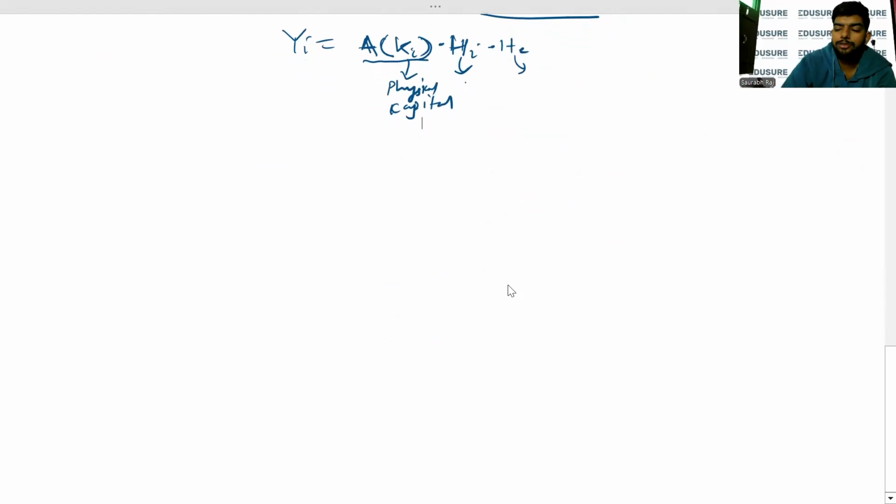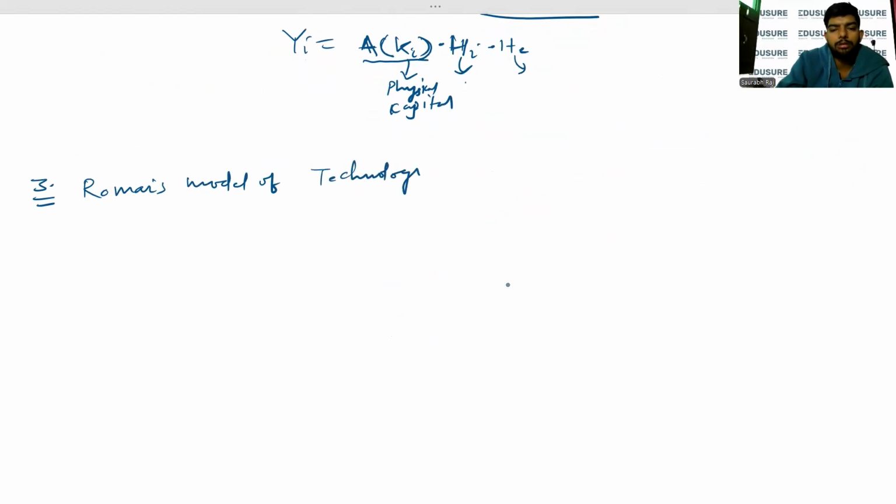Then we will see the last one, that is Romer's. Again, the Romer model, and this is Romer's second paper. The first paper we have already seen. Romer's model of technological change, the second paper, given in 1990.